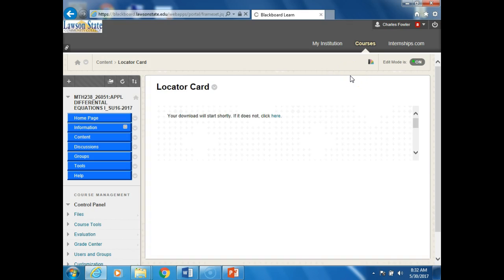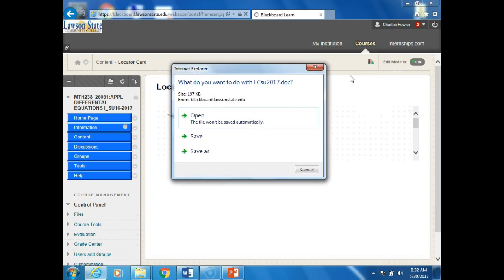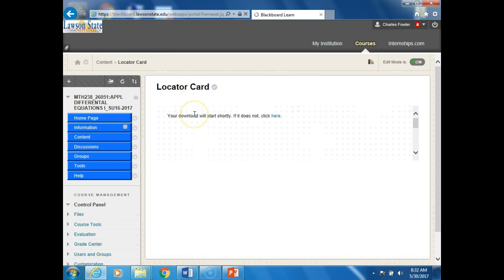Here's locator card. It will start shortly. If it does not, click here. I'm not sure what shortly means. My word, I would not have done this if I thought it was going to take this long. Open it. That's what I said to do, open it.